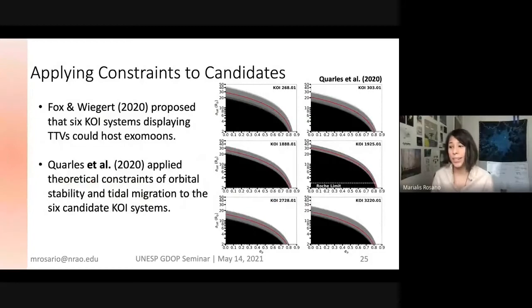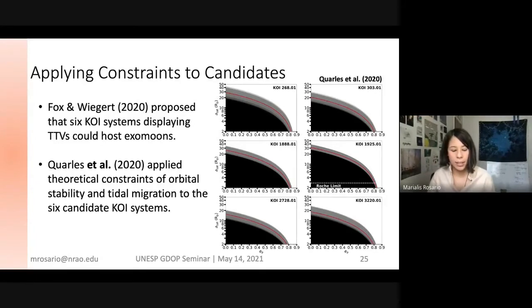So I will use the last couple of minutes to talk about some applications after I derived these stability constraints. Some of these applications were done in a following paper in the same year.